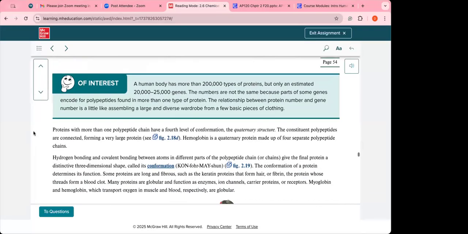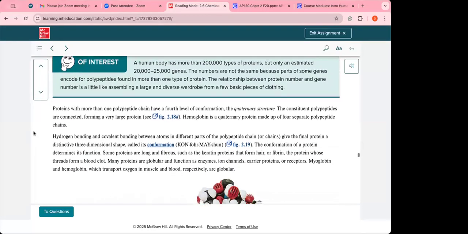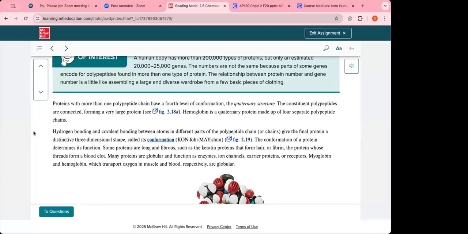The levels of protein structure, hydrogen bonding, covalent bonding. The conformation of a protein determines its function. So go back to the question.